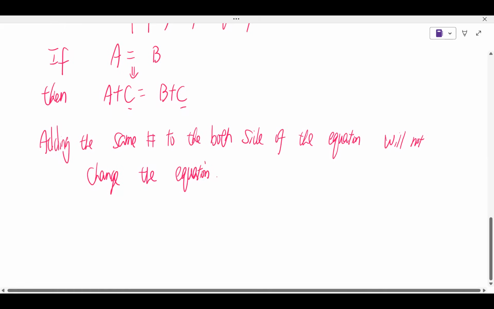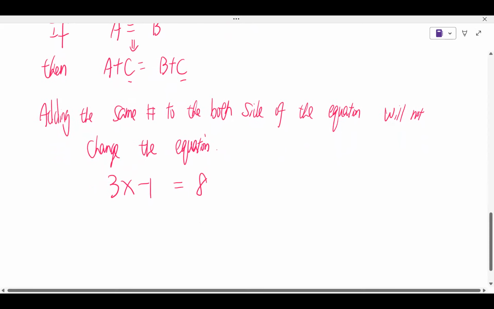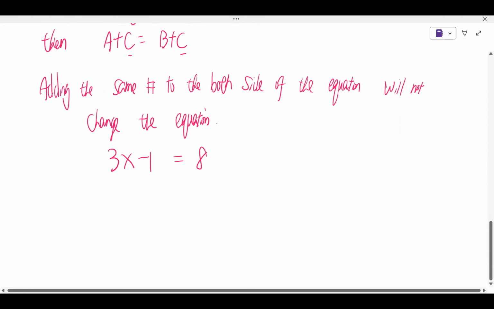For example, let's say we have 3x minus 1 equals 8. In order to solve this equation, first we add a number. In this case, to isolate 3x, you add 1 to both sides of the equation, so we cancel that and end up with 3x.